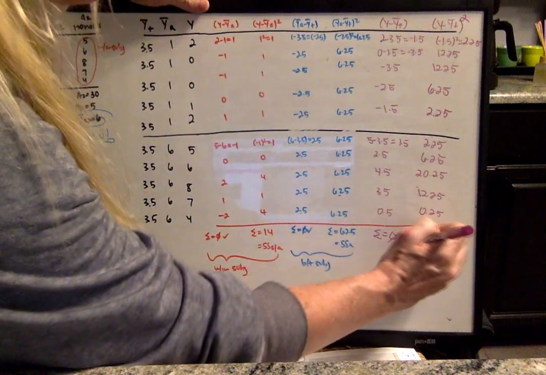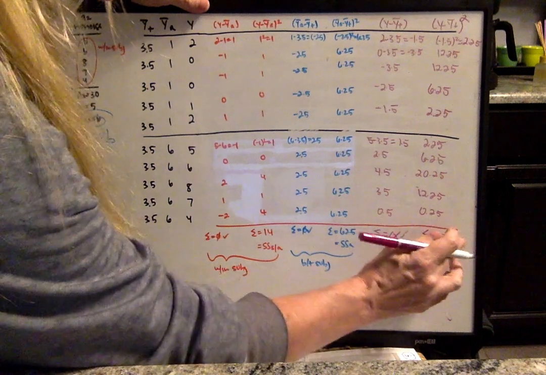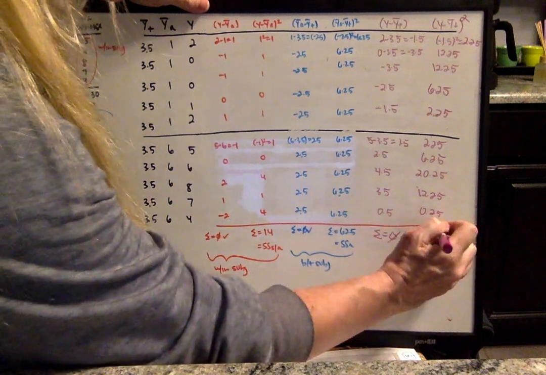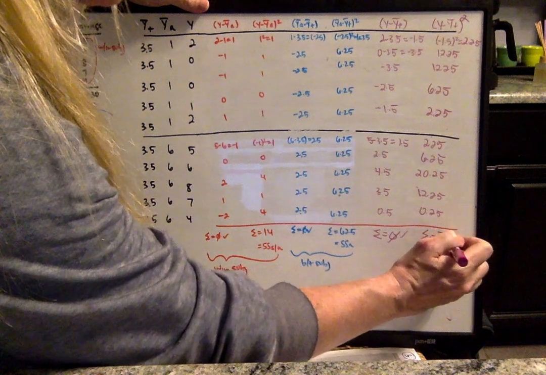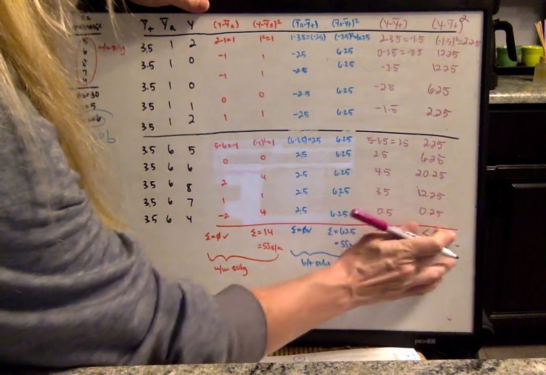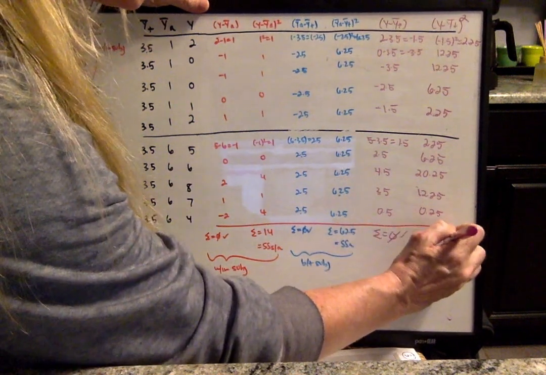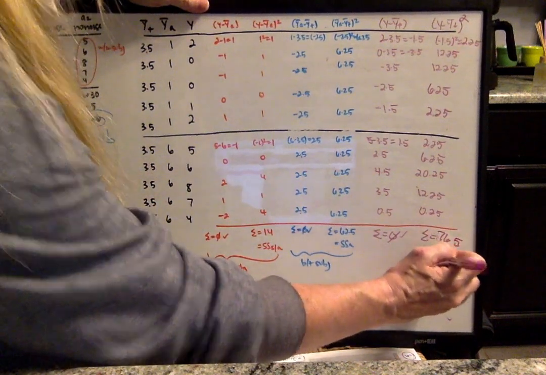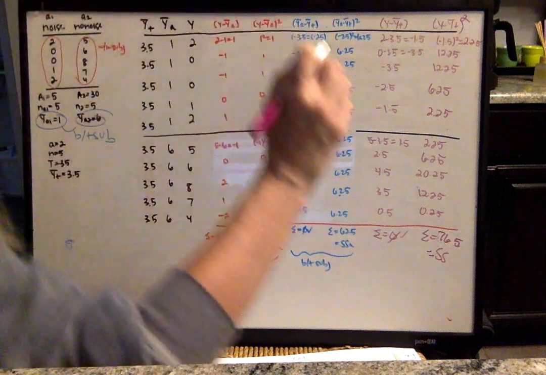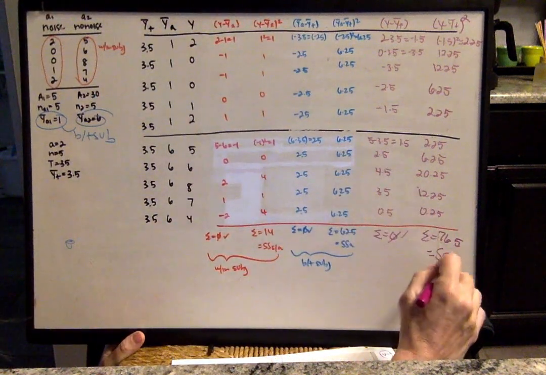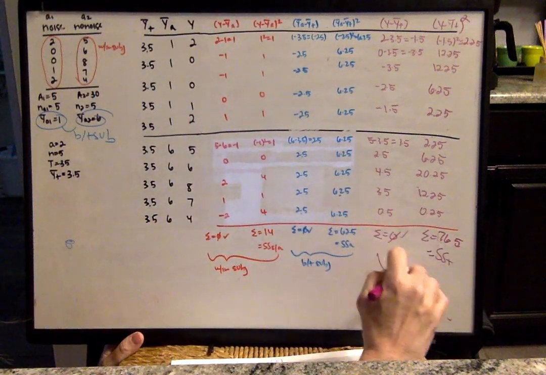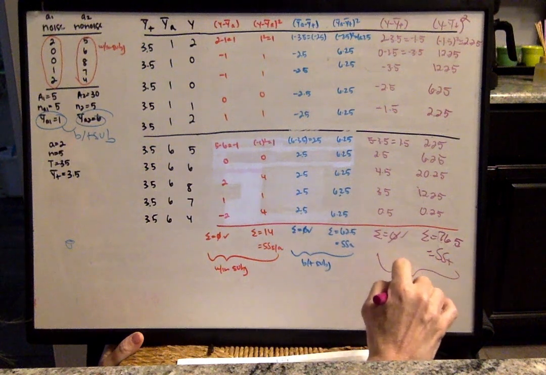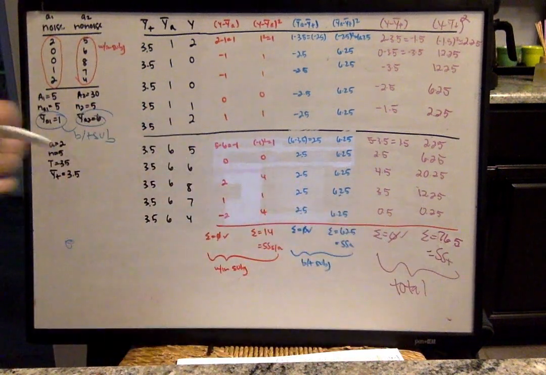And the sum, if we did this right, is 76.5. And this is also a sum of squares. We're going to label this sum of squares t because this is the total sum of squares.